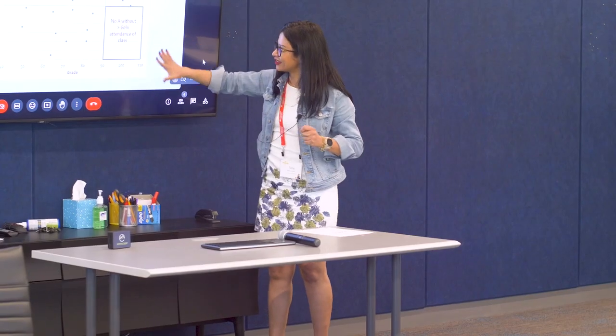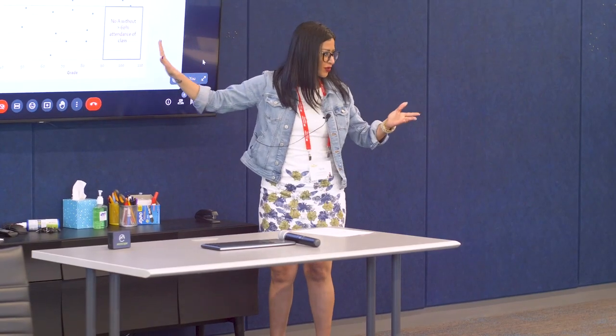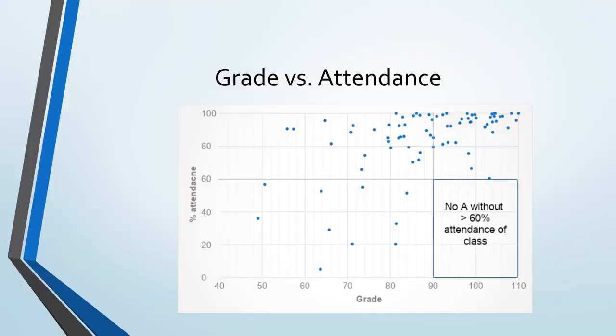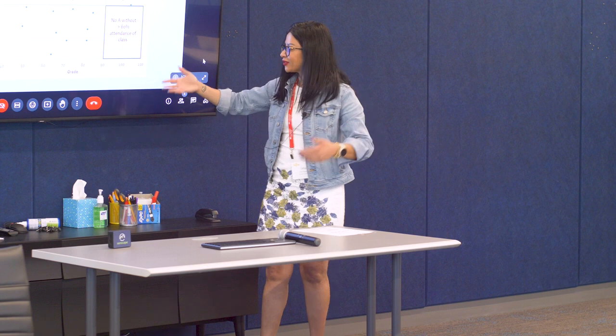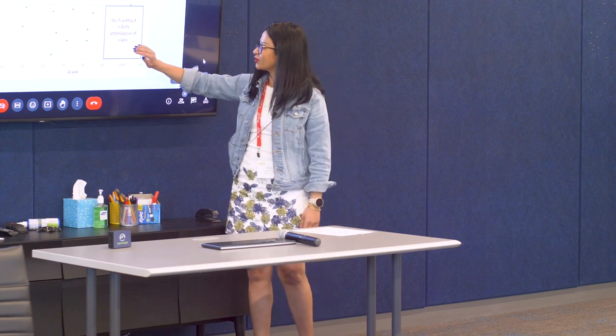Students are not good with graphs, right? So I show them that block here, that's the A. There's no A if you have less than 60% attendance. It's statistically not possible. It's not me telling you you have to come to class, and it's not because I'm awesome, but because I think it's really important to listen to something more than once if you want to learn it.